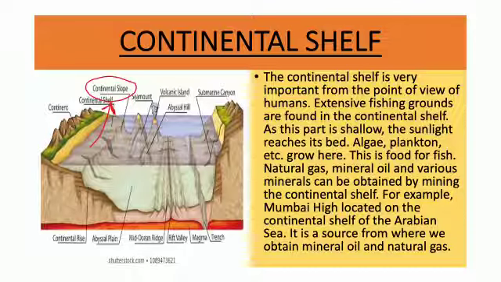So children, continental shelf is the part which is very important for humans because the extensive fishing grounds are found in the continental shelf. As this part is shallow, the sunlight reaches its bed, and algae and plankton, which are the food for fishes, can be grown here.